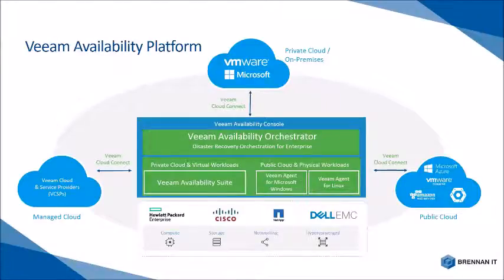Now, all these products that we just spoke about, the Veeam Availability Suite, which included the backup and replication and the monitoring tools, the agent, the orchestrator, will be wrapped around a console, which we call the Availability Console, which is going to get information from all these components together in a centralized web GUI, and from there you will be able to manage all your infrastructure, your hybrid infrastructure, whether that's sitting on the managed cloud or public cloud or in the private cloud, and also doing testing, doing DR planning, and also manage Linux and Windows physical workload.